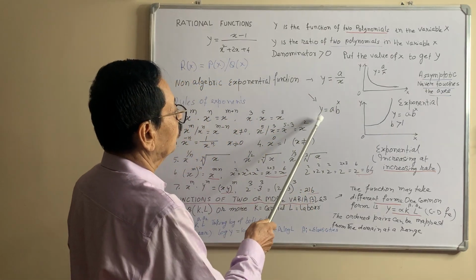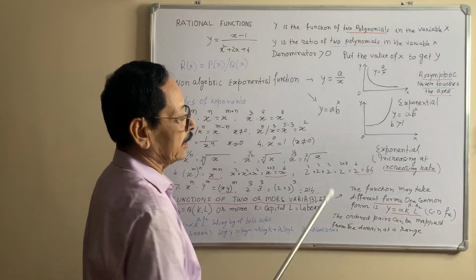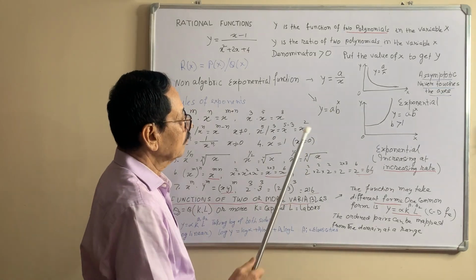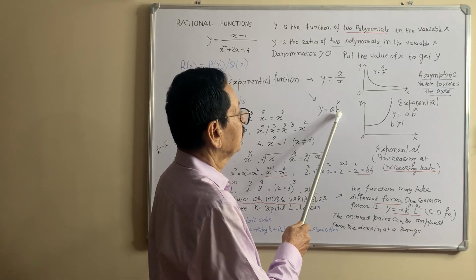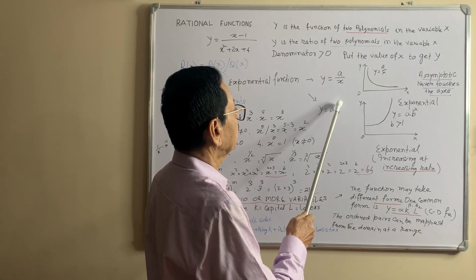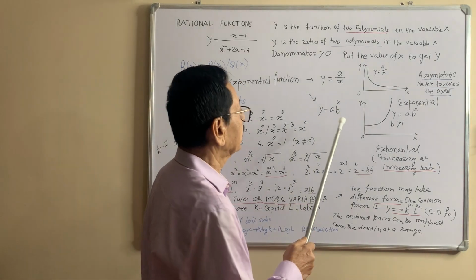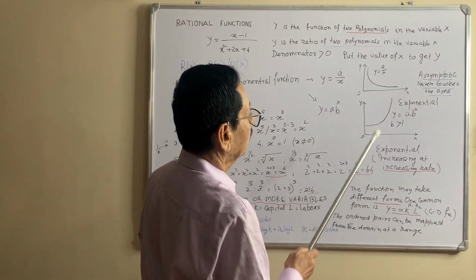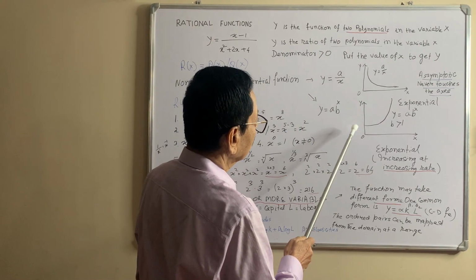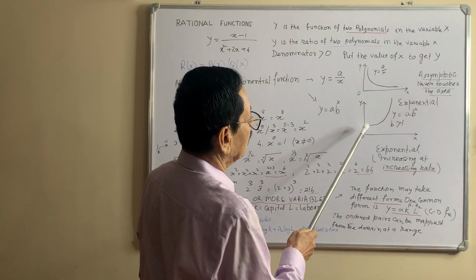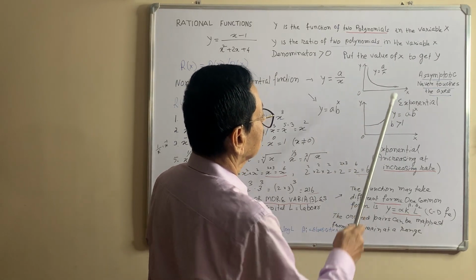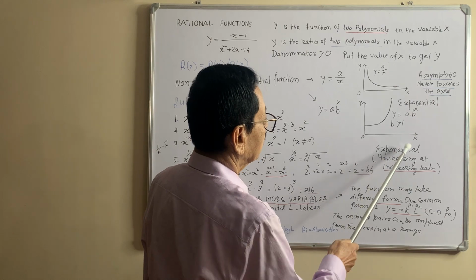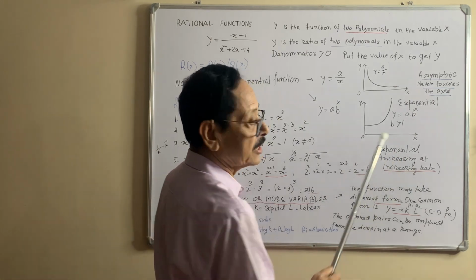Then another form, y is equal to ab to the power x. So the variable x is the power itself. The shape of this curve is this. It is exponential, increasing at increasing rate.